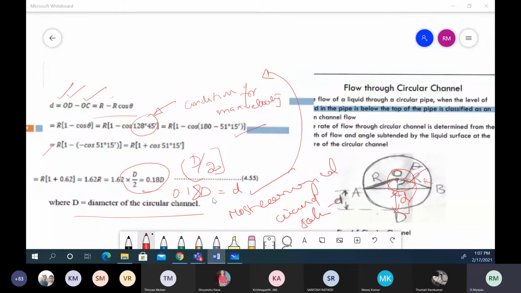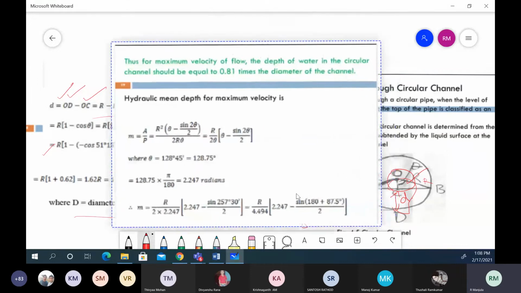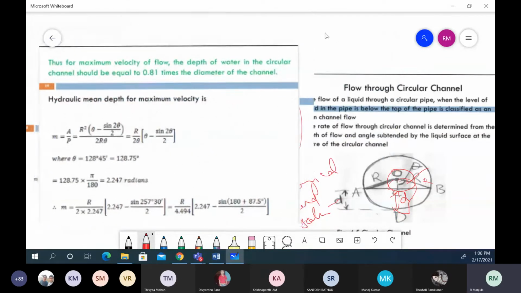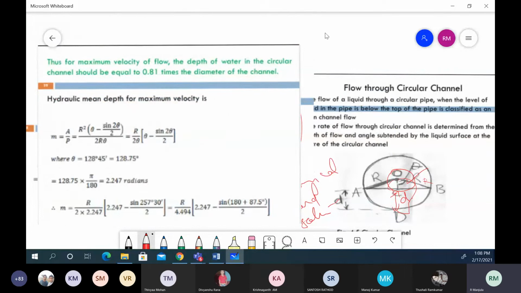The hydraulic mean depth for maximum velocity is given by m equal to A by P. For maximum velocity of flow, the depth of water, as we have already seen, is 0.81 times D, the diameter of the channel.